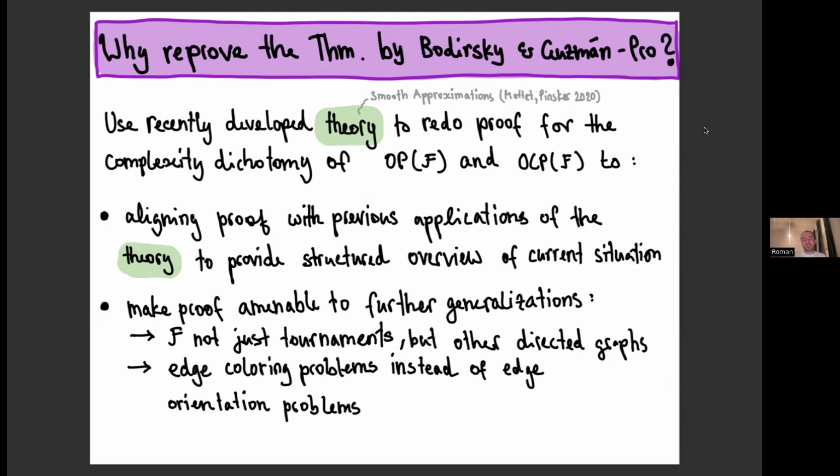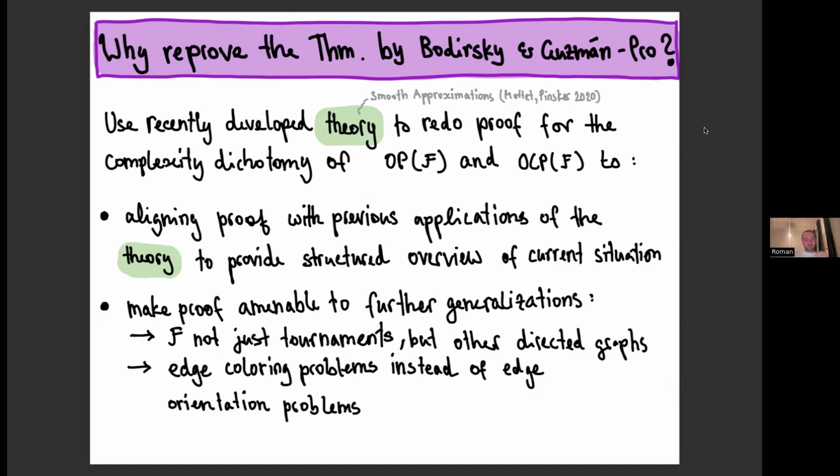Namely, natural generalizations would include that F, I mean, in this result here we ask F to consist of tournaments only, but it's very natural to relax this and just ask F to consist of directed graphs. So hopefully this problem will also be possible to tackle.